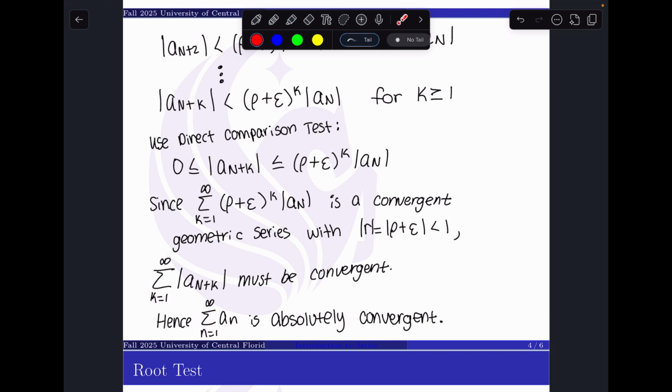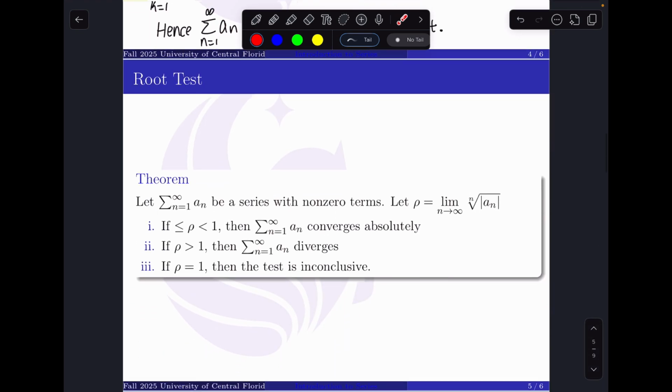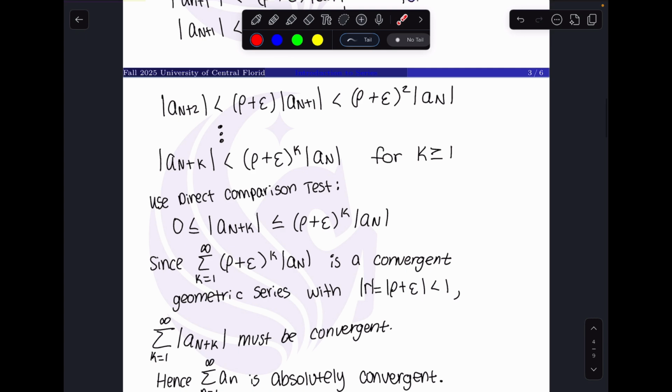That means that the series of a sub n plus k is an absolutely convergent series. If I just add back n terms, I've got the series from n equals 1 to infinity of a sub n, and so this is going to be absolutely convergent. All right, so that was the proof for the ratio test.